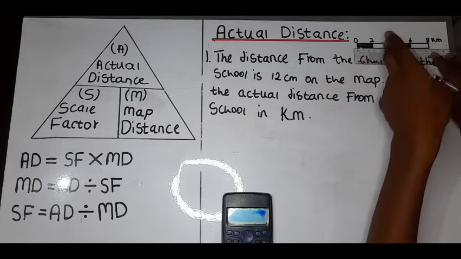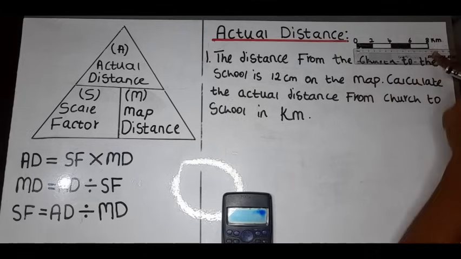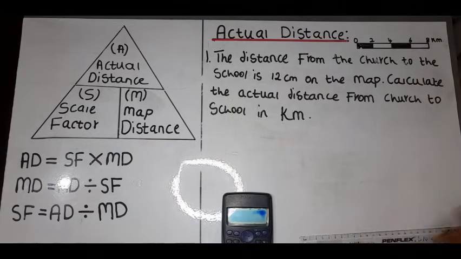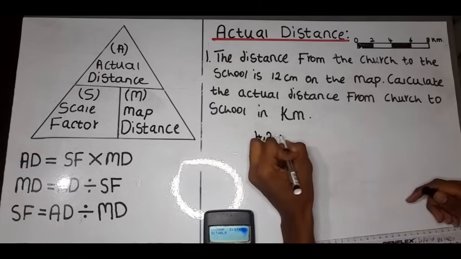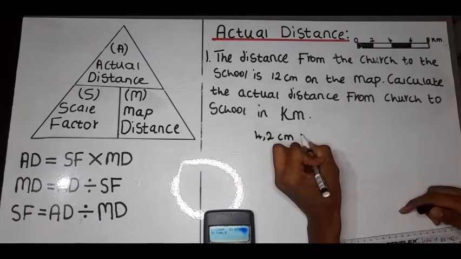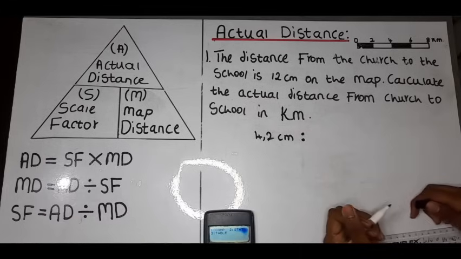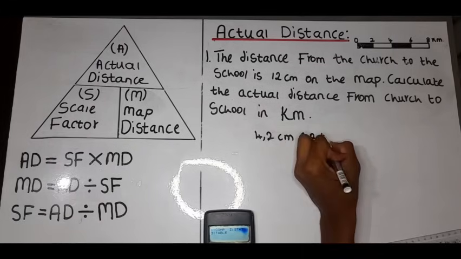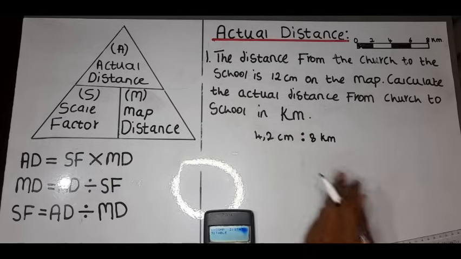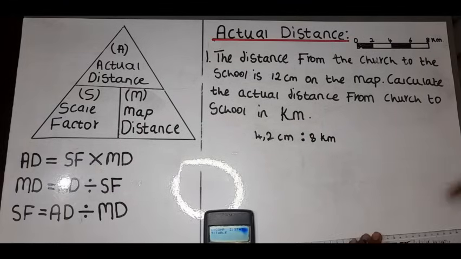The distance on the ruler from here to here is 4.2 centimeters. So that means that 4.2 centimeters equals 8 kilometers. So we have converted our bar scale into a number scale.